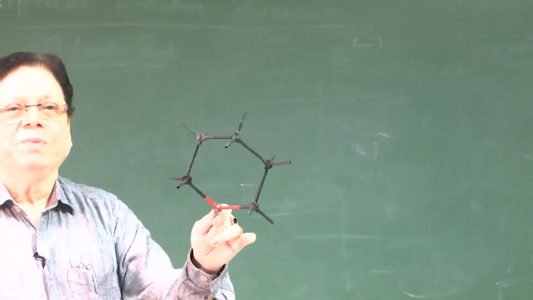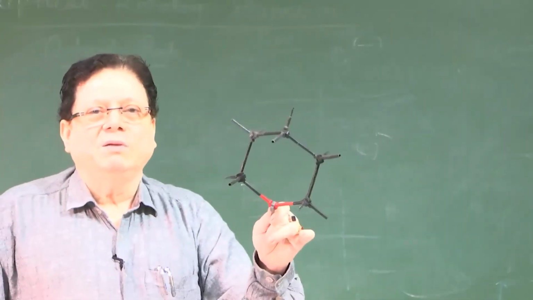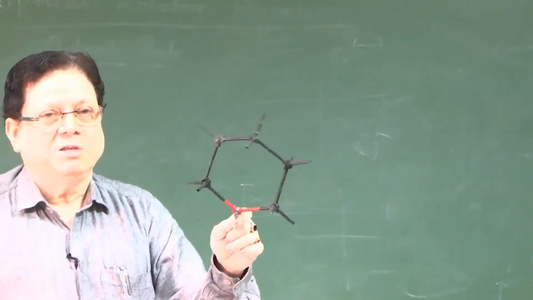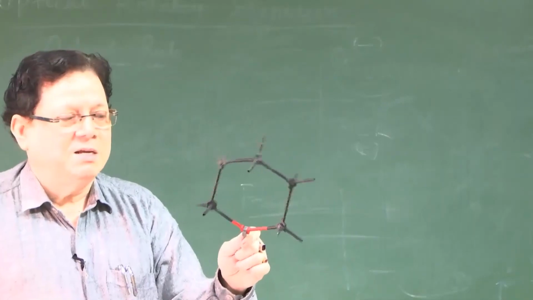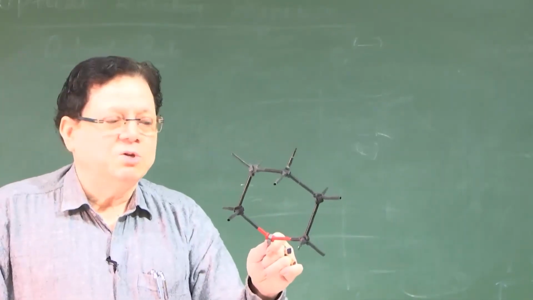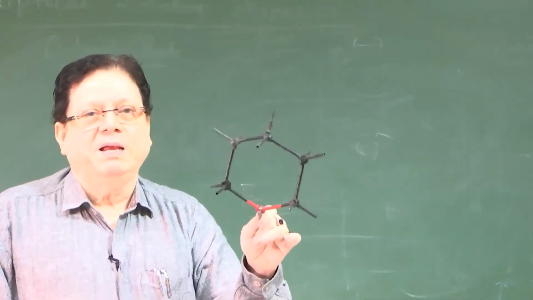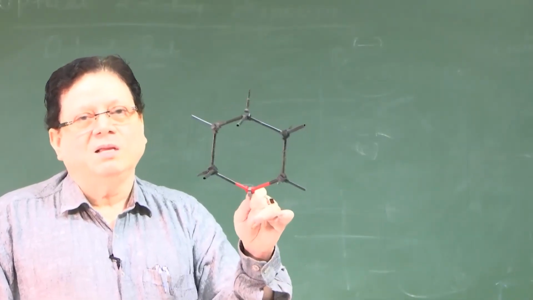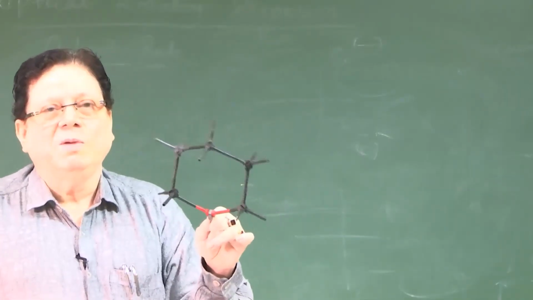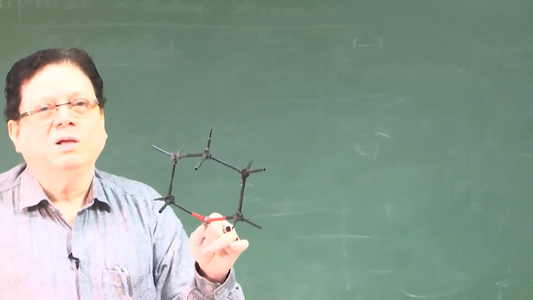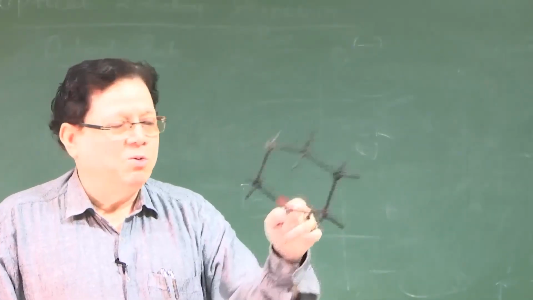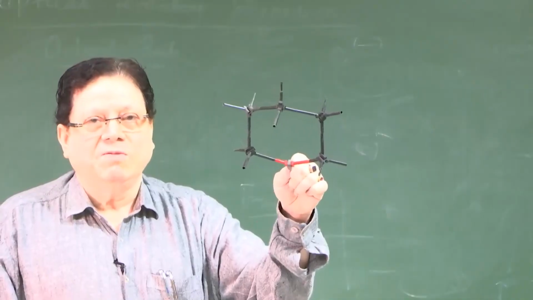But if you want to be very good at drawing the projection formula as per the octant rule for a cyclohexanone system, the best way is to start from the very beginning and analyze the cyclohexanone system very carefully. If you can do that, then it will not be a problem to draw the projection of even complicated molecules. So, we will analyze this cyclohexanone system very carefully.